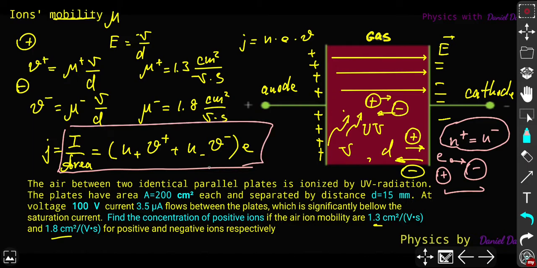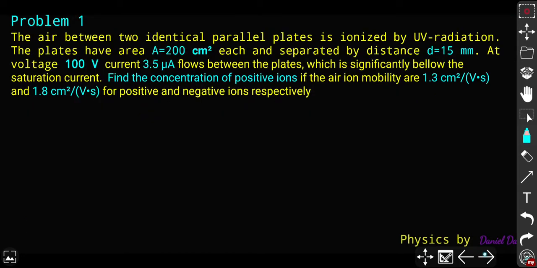And right now we just need to express concentration. So bear this formula in mind. We just go next. I'll rewrite it in a slightly different way, expressing concentration for positive and for negative ions.